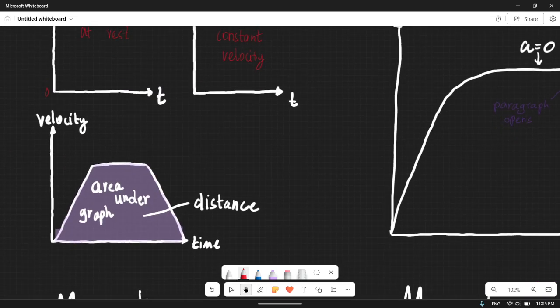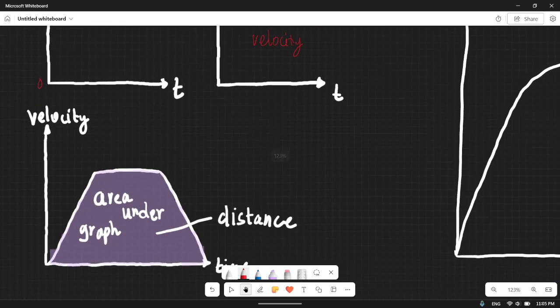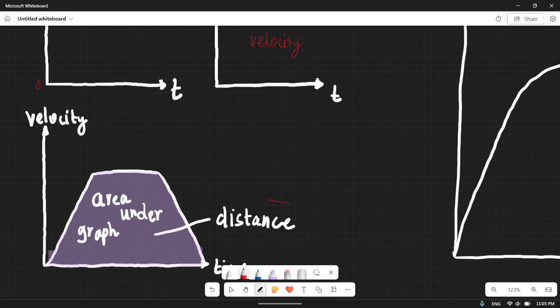Then we need to look at the velocity time graph. When you're asked to find the distance, what you have to do is find the area under the graph. That is the distance on a velocity time graph. Now when you're given a shape like this, there are perhaps two ways you can do it. You can divide it like this so it becomes a triangle here.